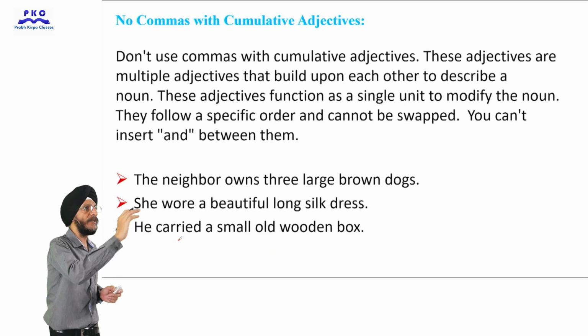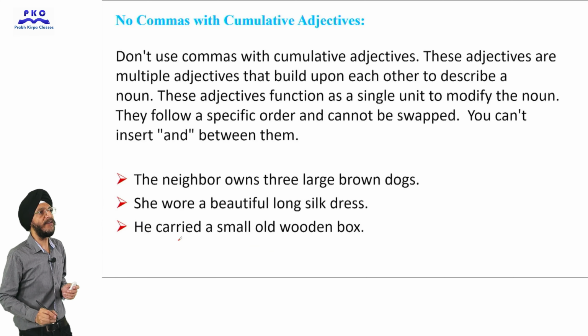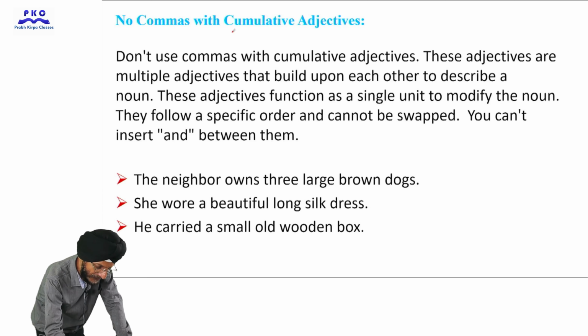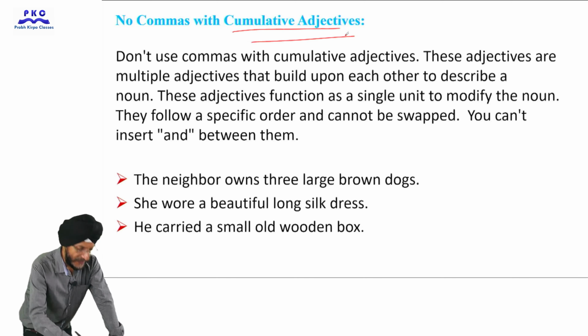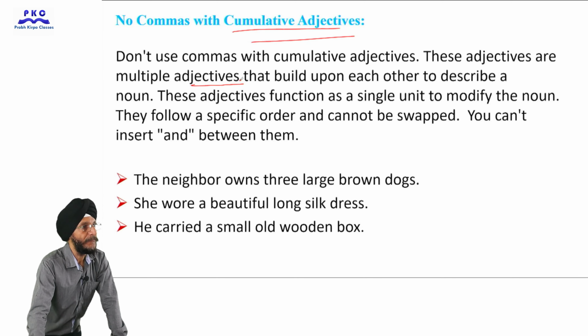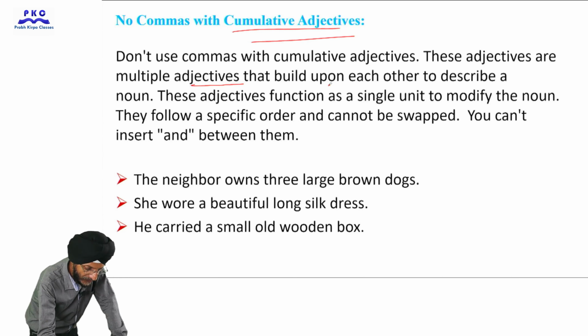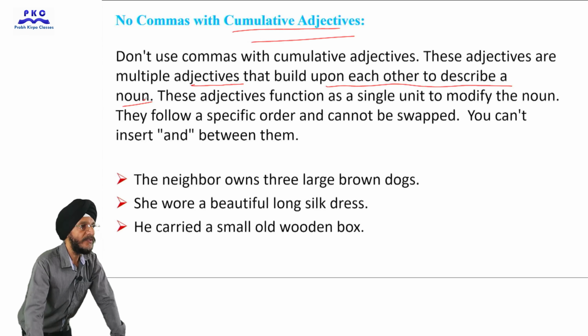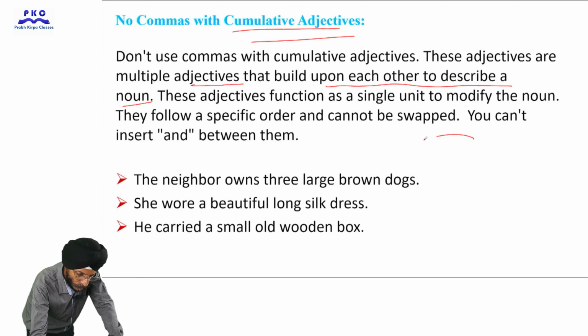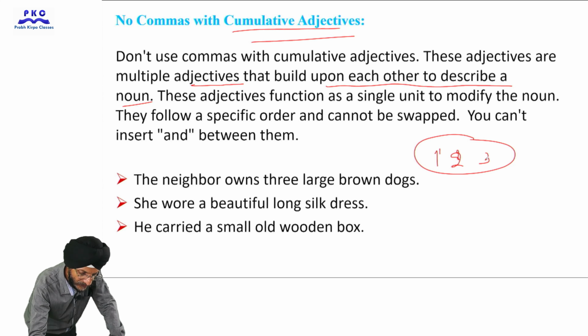Now we talk about no comma with cumulative adjectives. What is the meaning of cumulative adjectives? Cumulative adjectives are multiple adjectives that build upon each other to describe a noun. Suppose there are three adjectives, 1, 2, 3, in a sentence.